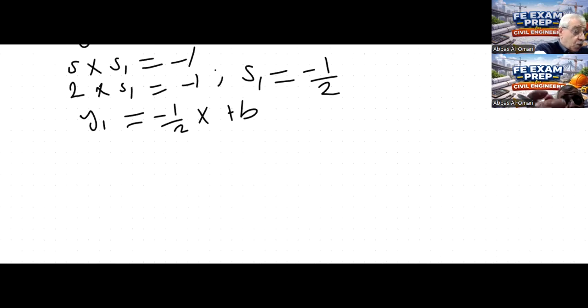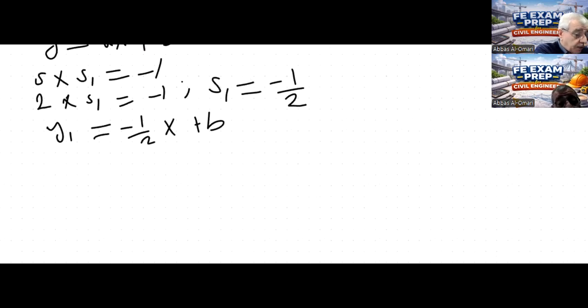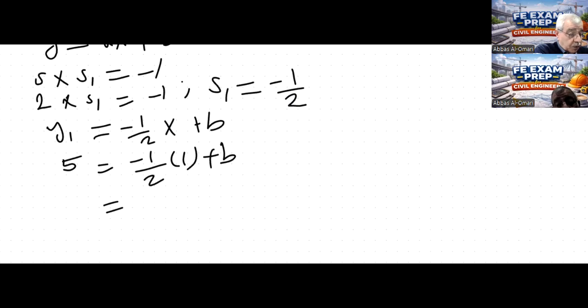Now y is 5 and x is 1. So 5 equals -half times 1 plus b. That gives us that b equals 5.5. We move this one to here, and b equals 5.5.